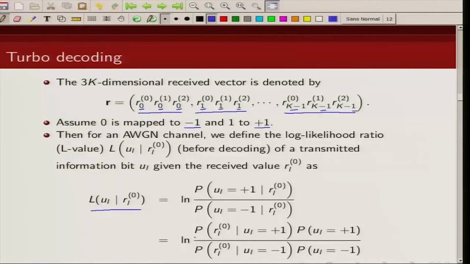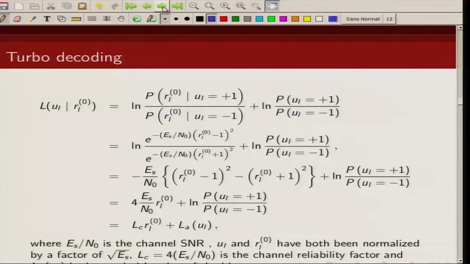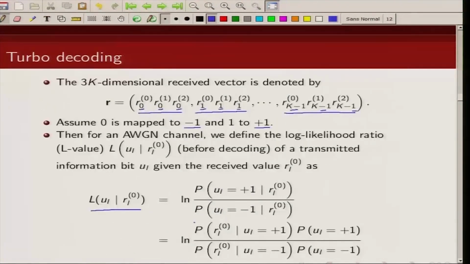This we can write as the probability of R given U multiplied by the probability of U, and that is how we have written it. Now, we can separate this into 2 terms. So, this is one term we have and this is another term we have.